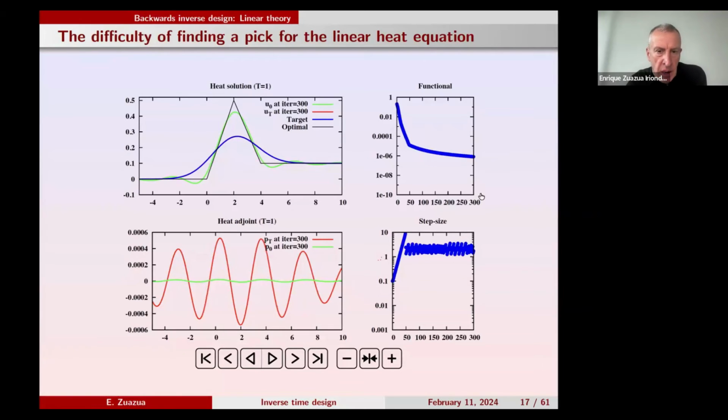We see it in several aspects. First of all, the gradient descent algorithms, even if we optimize the step size, and we do it here in a rather oscillatory manner because the computer doesn't really understand why, we have difficulties to get closer to the target. Despite these oscillations in the step size, the functional has difficulties to really get to 0, which should be the minimum of this functional.